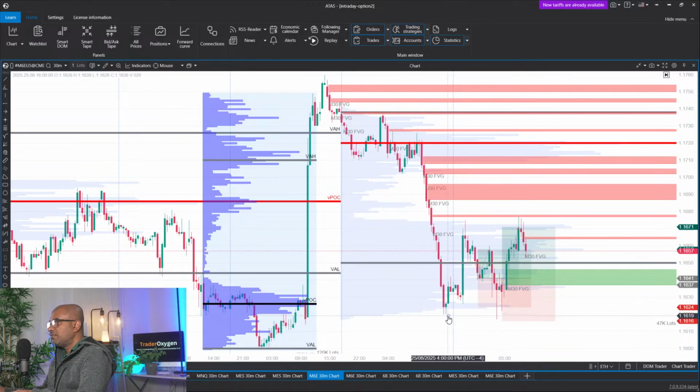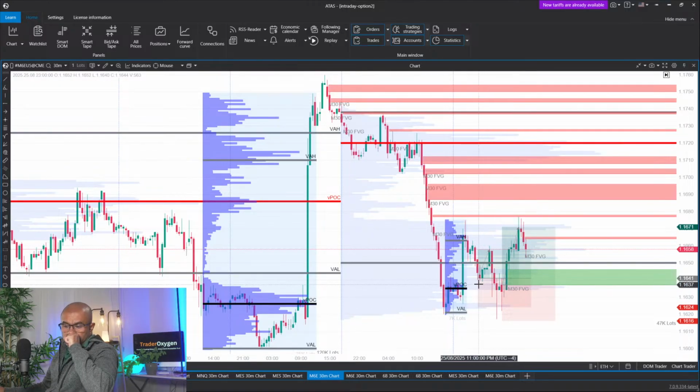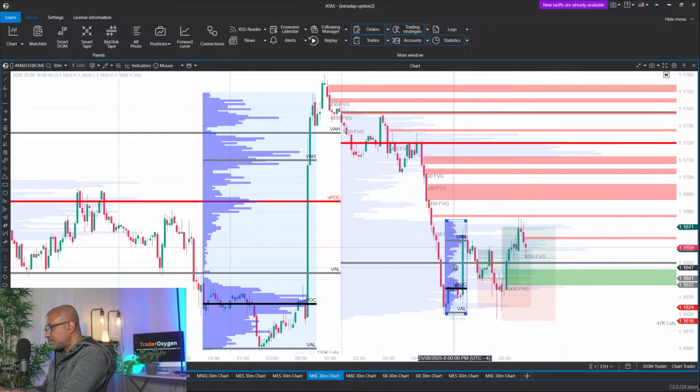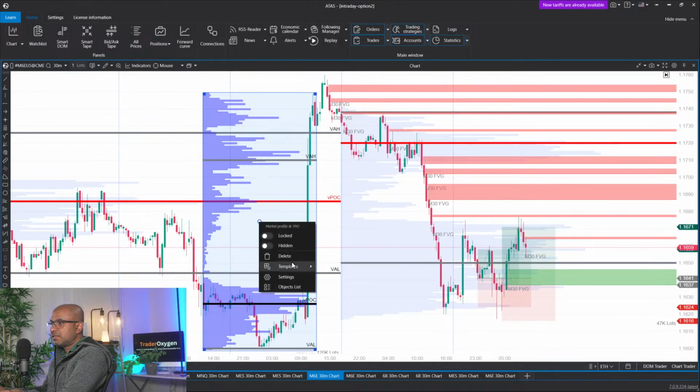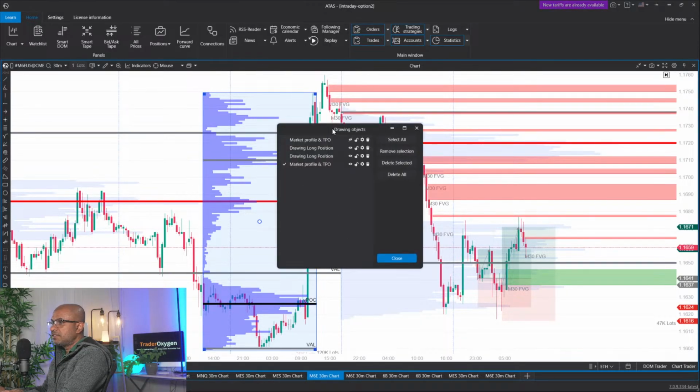We draw it into this area. Then in that price push up, you can see the high volume cluster and volume point of control over here. So let me delete this and re-put that. We go to the object list.